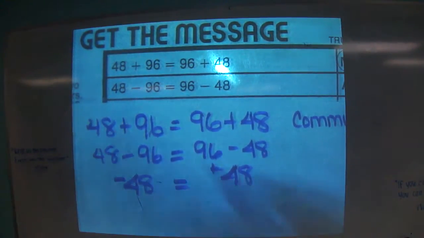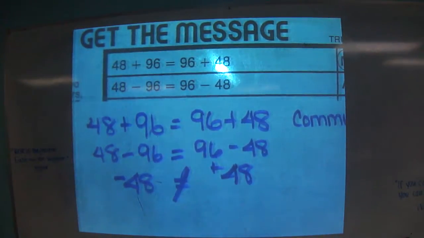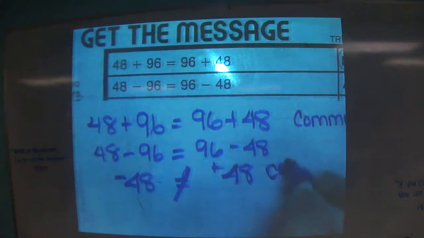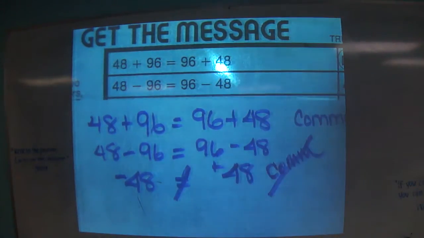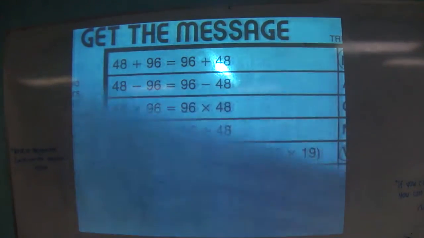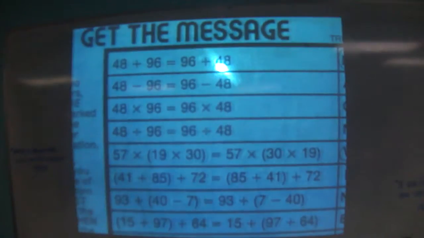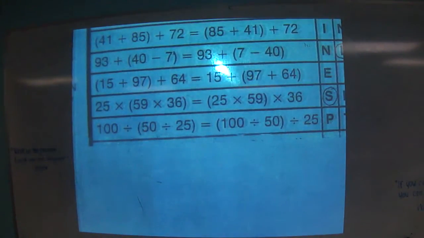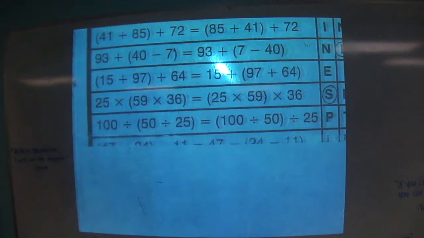So they're not equal. It's not a true statement, and that's what happens when it's not the commutative property. Okay? So commutative property only holds for addition and multiplication, not for division or subtraction.